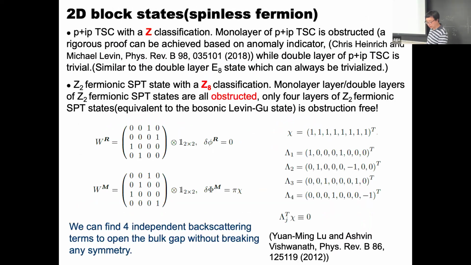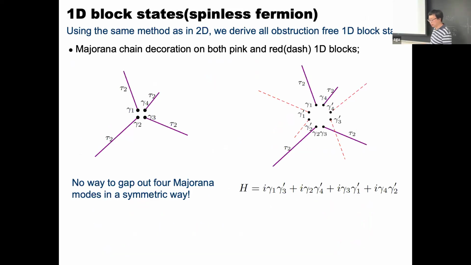That's how we design this W matrix. And also you can find 4 independent null vectors satisfying this criteria. So we can find 4 independent backscattering terms to make sure such a 2D decoration is allowed. And if we go to this 1D decoration, again, it's very similar.